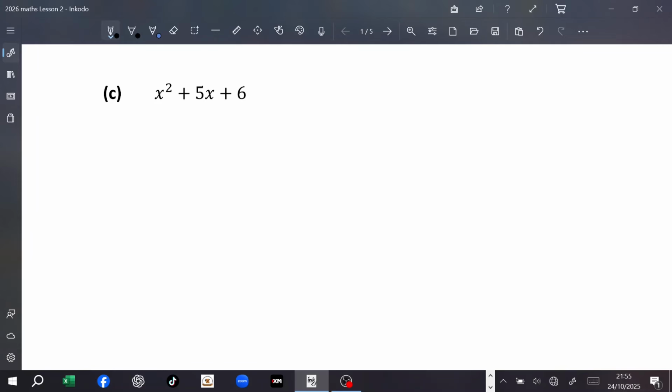The way to factorize this quadratic expression is where we need to find what is known as the sum and product. Here we need to find the sum and product first. Sum is the coefficient of this x, which is raised to the power of 1.